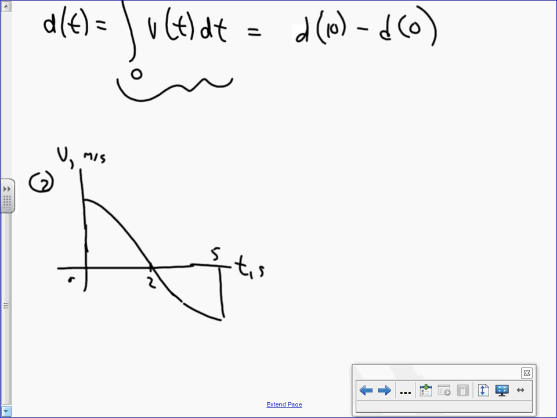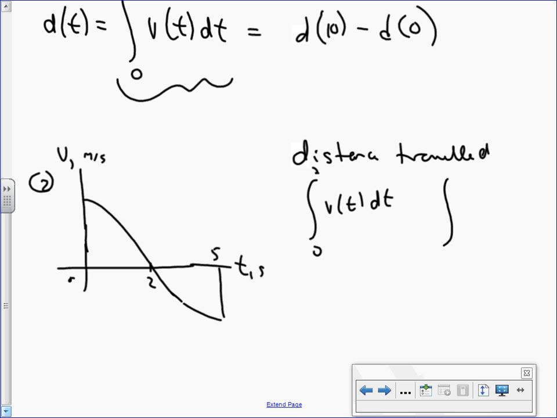So this time if I ask you for the distance traveled, you're going to have to do the antiderivative from 0 to 2 of the velocity. That's going to give me that positive piece at the top. You're going to have to do a separate piece, the antiderivative from 2 to 5 of the velocity. This is going to give me a negative number because it's below the x-axis.